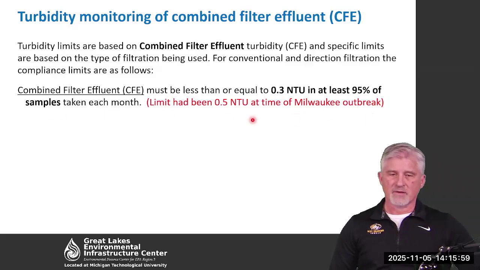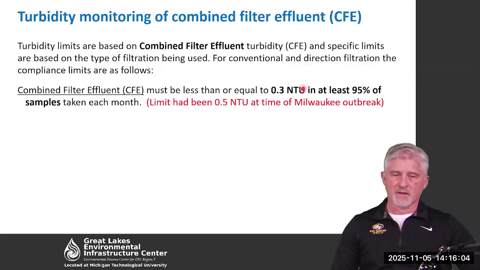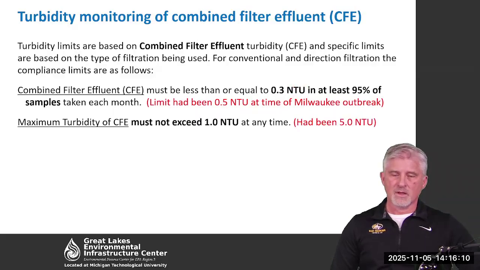At the time of the outbreak in Milwaukee, that number had been 0.5. So that's why they were over 0.3, but less than 0.5. Maximum turbidity of the combined filter effluent must not exceed 1 NTU at any time. And in 1993, that had been 5 NTUs.